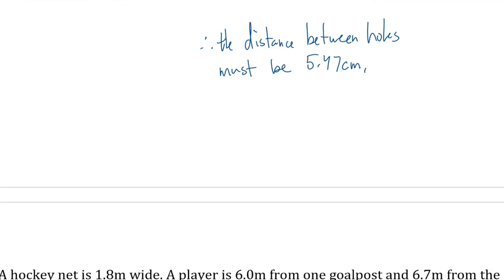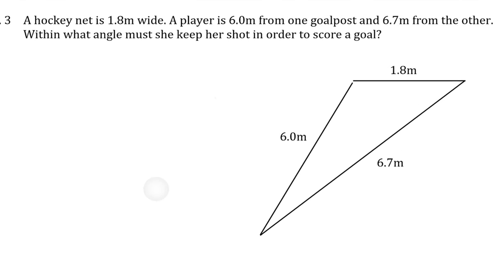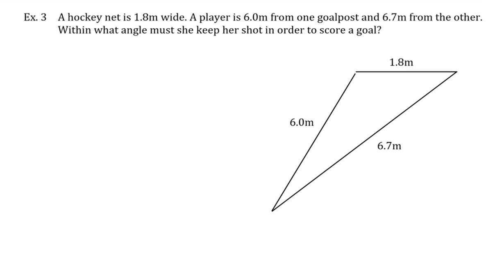Okay, one more. And this one is less realistic in that nobody's going to stop during a hockey game or, you know, any other sport, soccer or something where you're shooting into a net and make calculations.